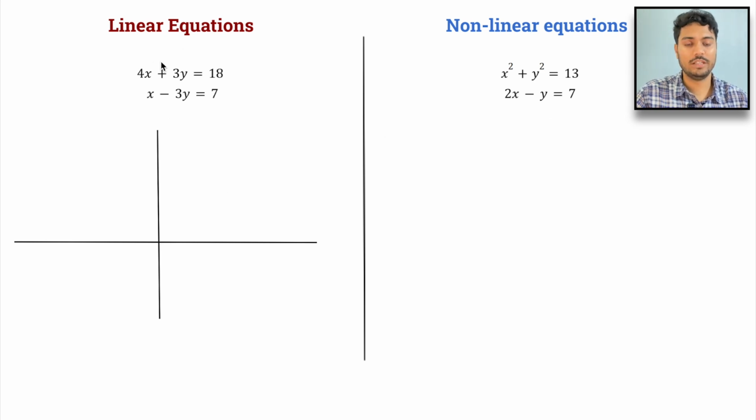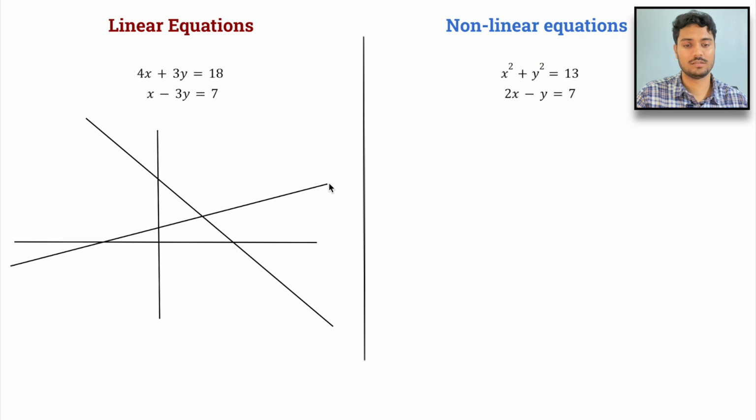So when you have two linear equations, let's say 4x plus 3y equals 18, just for example, if we sketch this line, roughly we'll get a line like this. And if we solve the other equation, we'll get another line like this, for example.